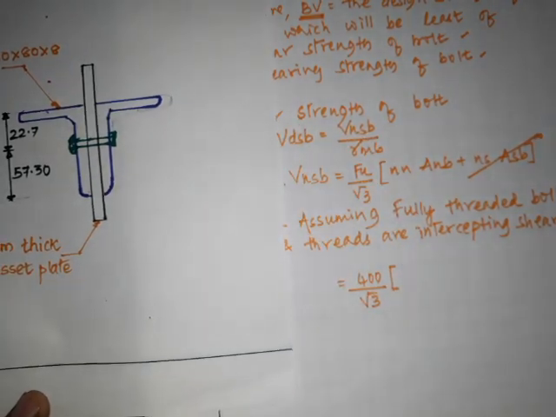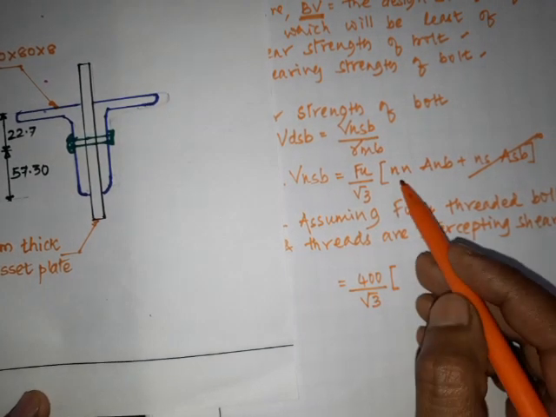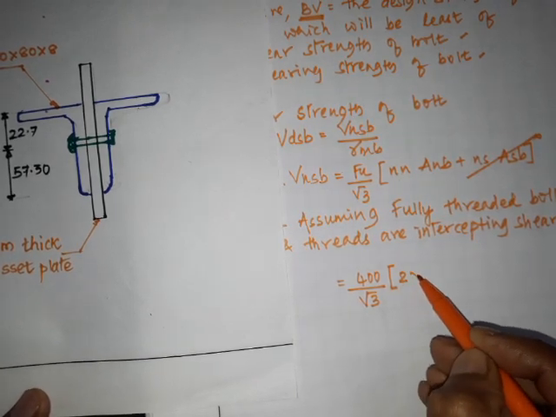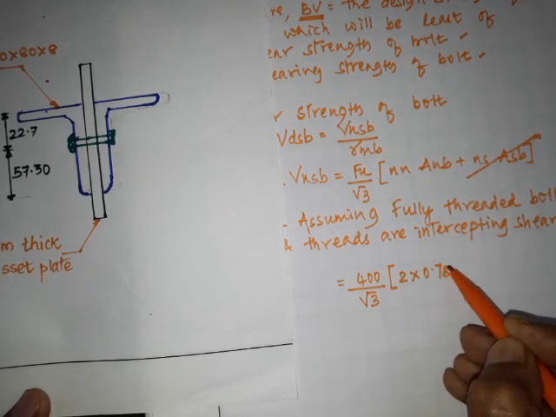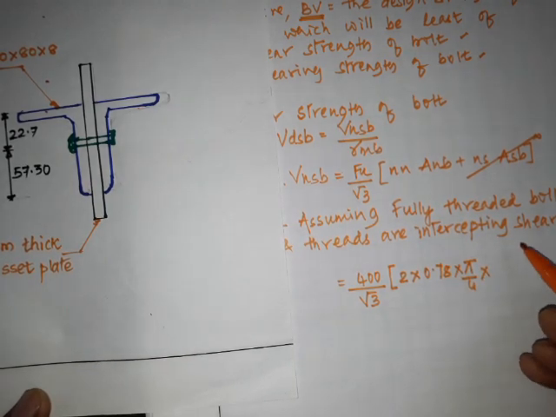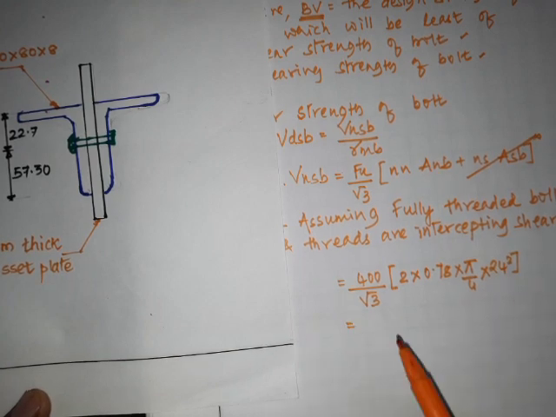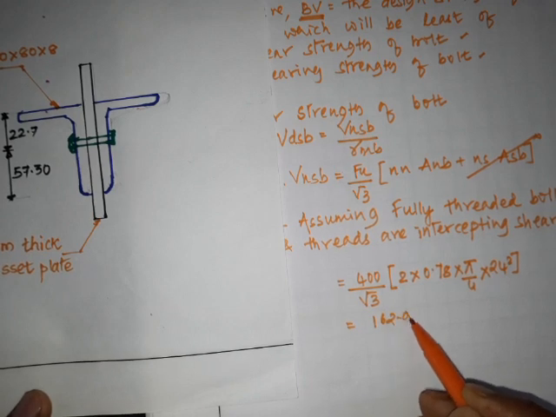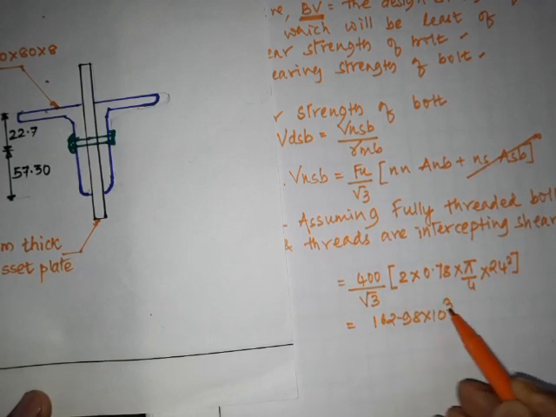So Nn into Nb: 2 times Nb is 0.78 into pi by 4 into diameter 24 square. We get this as 162.98 into 10 raised to 3 Newton.